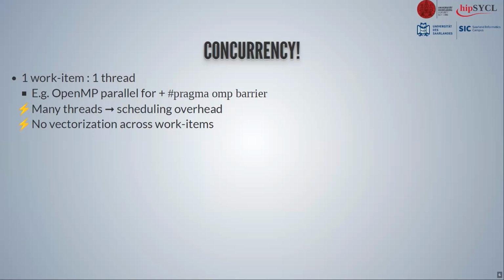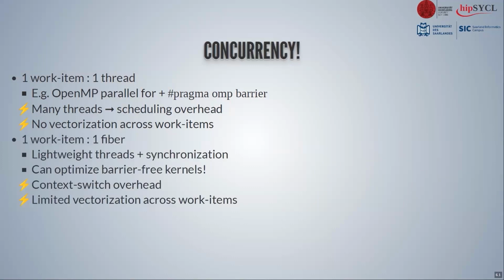We can do so by using OpenMP parallel for, for example, and then for the barrier implementation, we just use OpenMP barrier. The problem with this, though, is that we will need many threads if we have many work items in a work group, and therefore we get high scheduling overheads, so that it's sometimes even infeasible to run the kernel. Also, since we're already parallelizing across the work items, it's difficult to vectorize across them as well, which might be something you want to do.